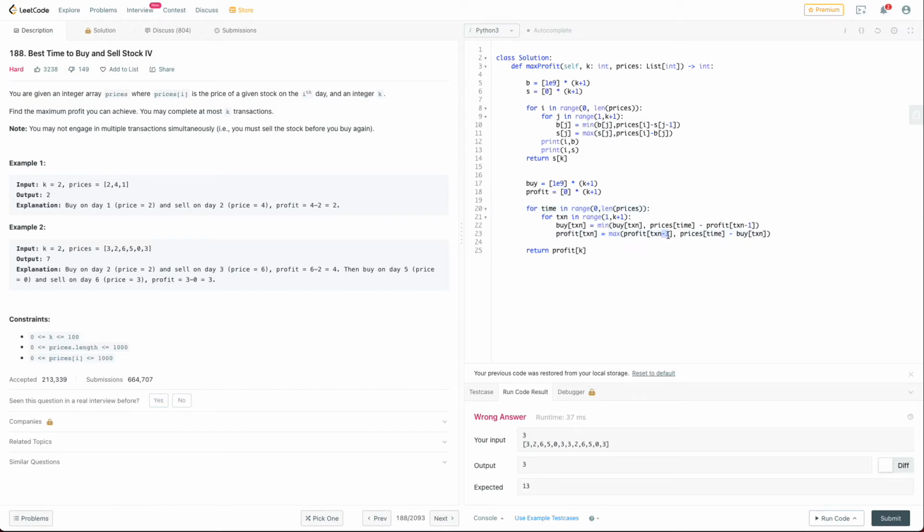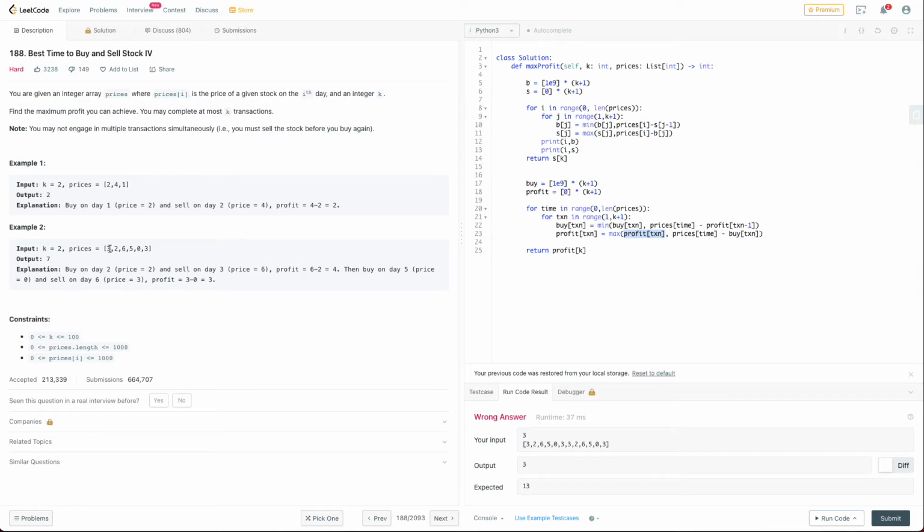Oh, I see. You don't have to look back, because it's not going in time. This transaction is already updated.